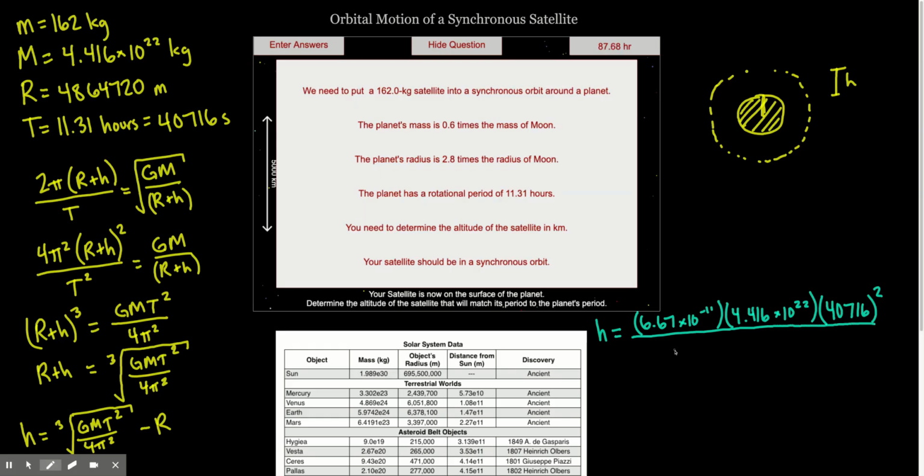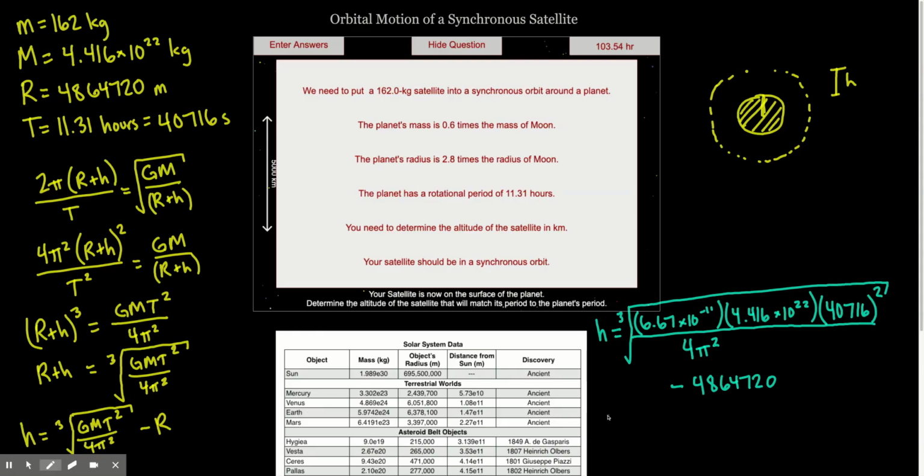Divide all that by 4 pi squared. And we're going to take the cube root of all of that. And from that, we're going to subtract r, which is 4,864,720. All right, so let's use our calculator and plug all this in.